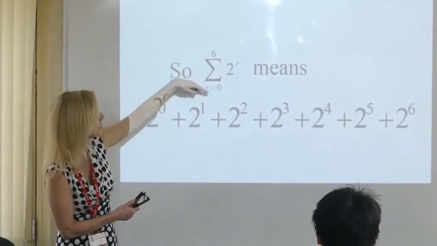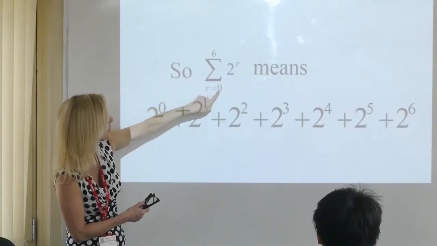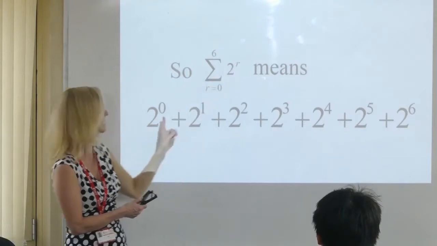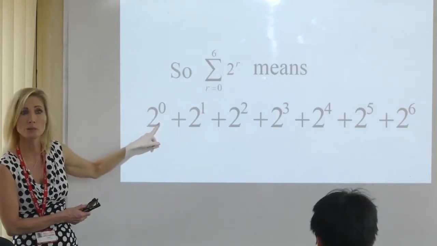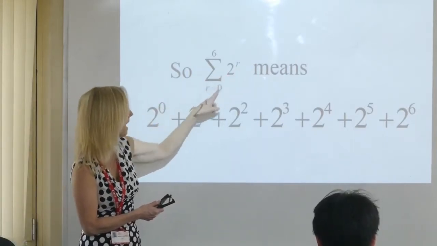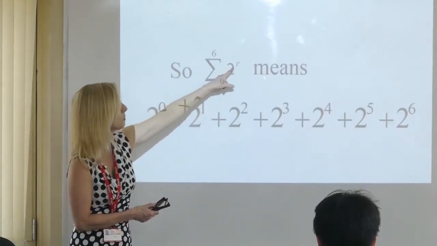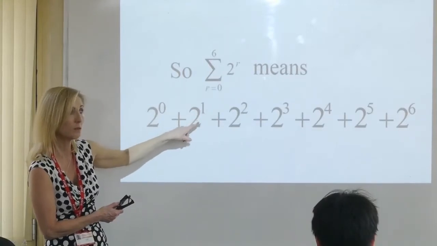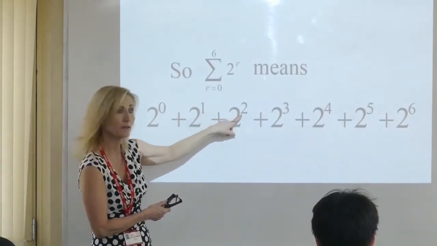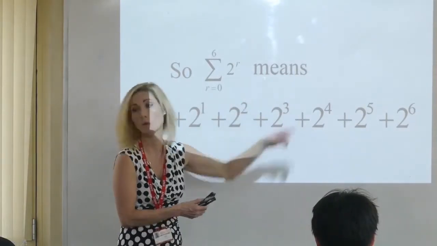When we substitute in R is 0, we get 2 to the power of 0. Now, what is 2 to the power of 0? 1, right. And when R is 1, we get 2 to the power of 1. What is 2 to the power of 1? 2. 2 to the power of 2, 4, and so on.